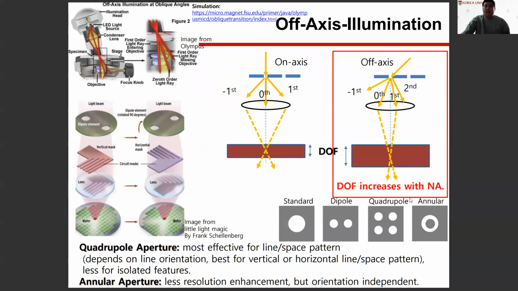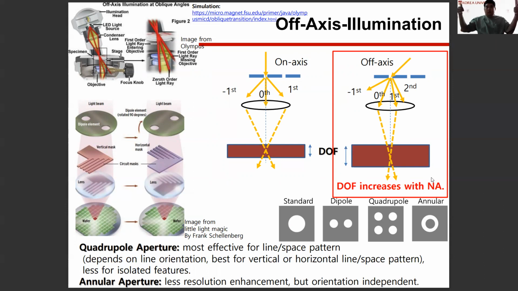With this, we put the light onto the photomask off axis, and we put another mask under the photomask with a dipole or quadrupole pattern.